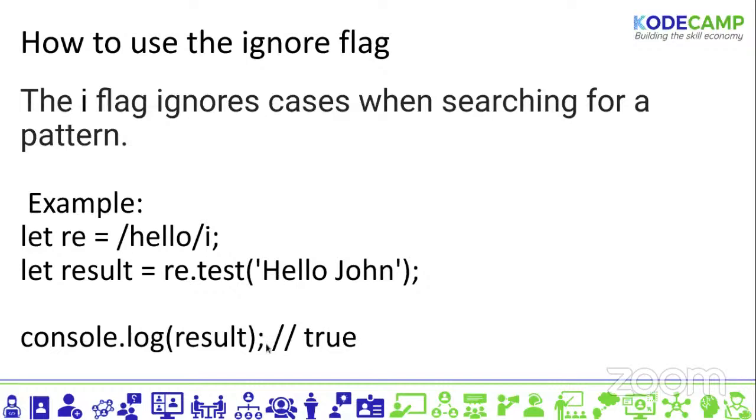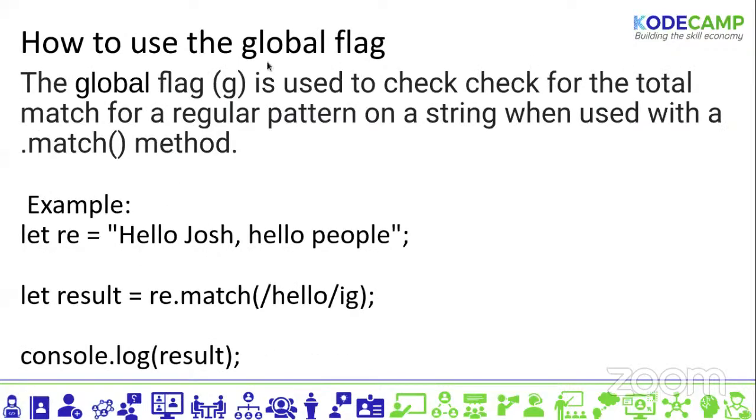Then I talked about the global method. So the global flag, sorry. The global flag is used to check for the total match for a regular pattern on a string when used with the match method.